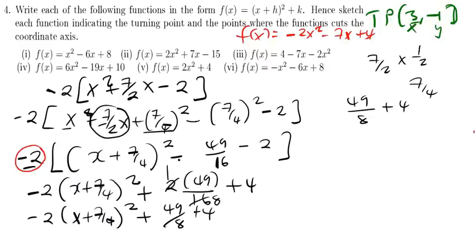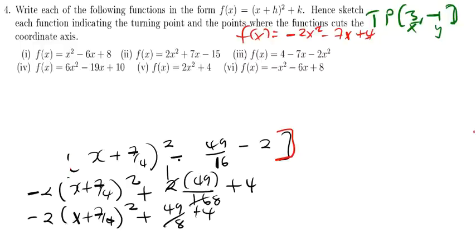Now, this 2 outside here is affecting everything inside. That's why this 2 also goes with this, but I have to multiply this 2 by everything, by this and also by that. Oh, okay. You have understood, right? Yes. That's perfect.